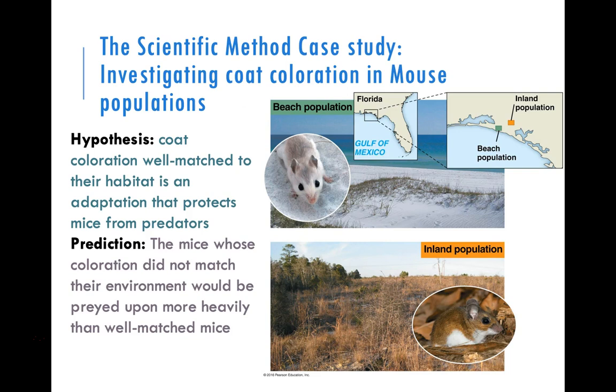So if these mice differ in color because of predation, then we would expect that the mouse that doesn't match its environment would be more heavily preyed upon. So there we have some data. So our hypothesis attempts to give an answer or an explanation to our question, and then our prediction specifically gives us the data that we would expect if we are supporting our hypothesis.